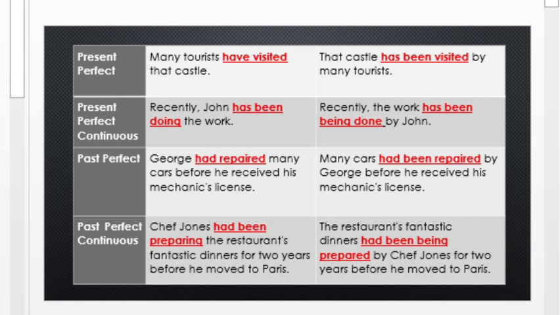Same goes with present perfect, as we have seen on the slide. Okay, for active, it's only have visited, have plus the past form of a verb, and then in the passive, has been plus the past tense of a verb.